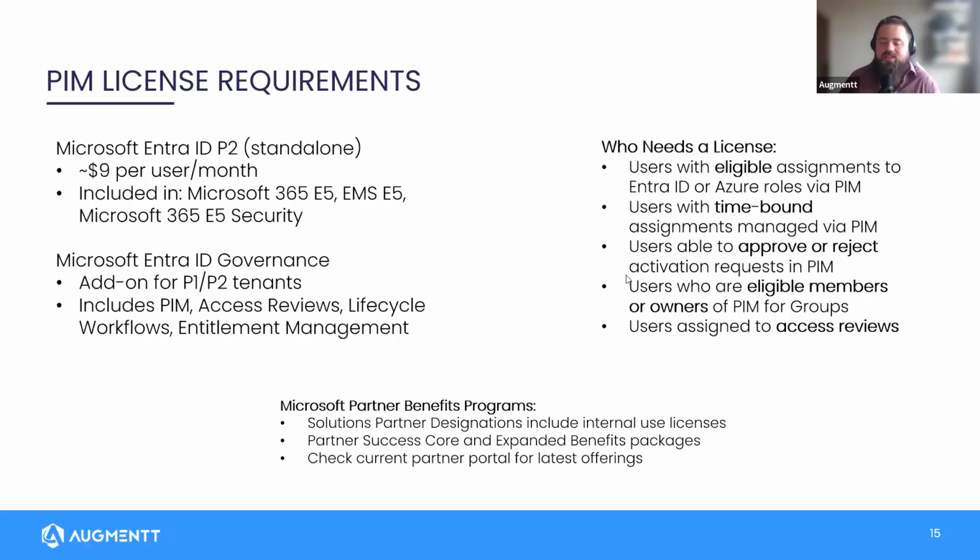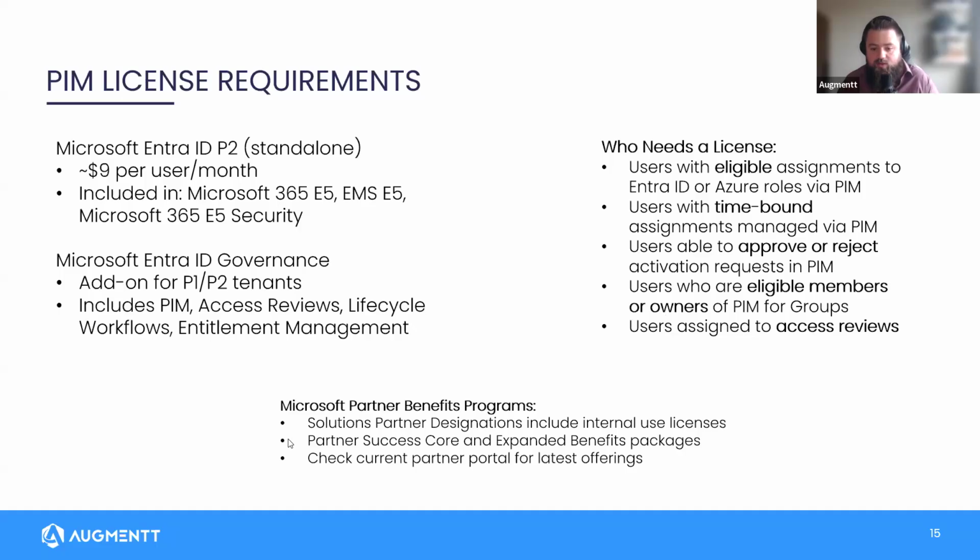So if you have a salesperson who's never going to need access to these PIM assigned groups, they don't need a PIM powered license. But anybody who's eligible for assignment or who manages assignment or manages approvals or rejections or access reviews needs to have a license.